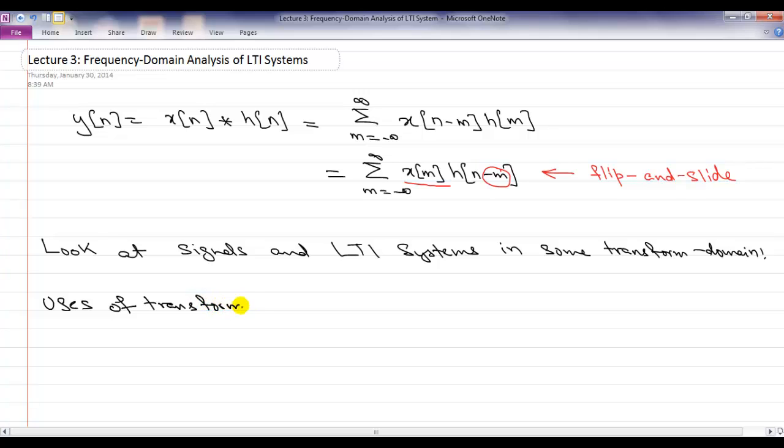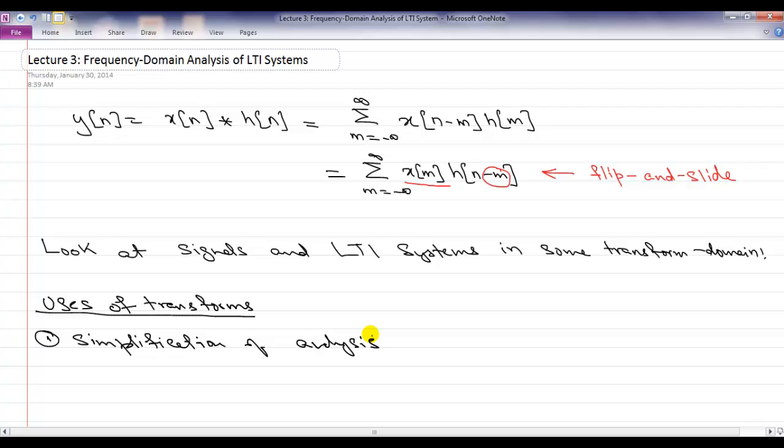There can be two big reasons for using transforms. One big reason is simplification of analysis. So sometimes we want to do some analysis which ends up being really messy if we do it in the time domain. An example of that is solving differential equations. Solution of differential equations, if you try to solve it by itself, can be really hard.